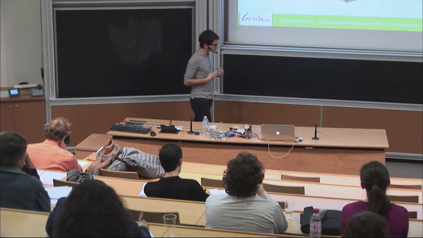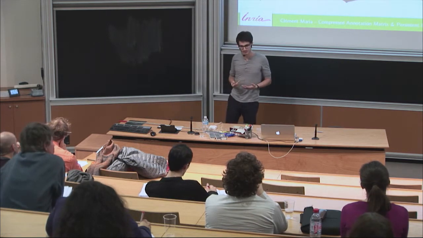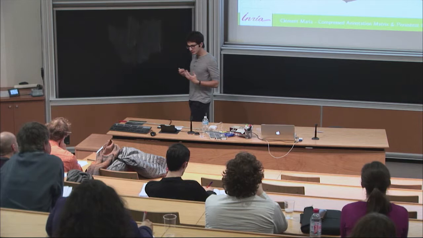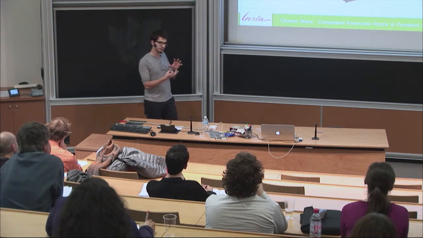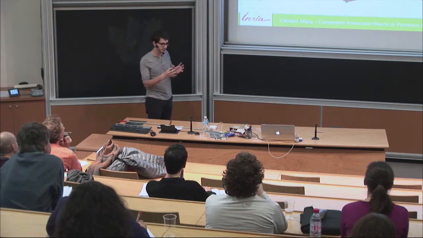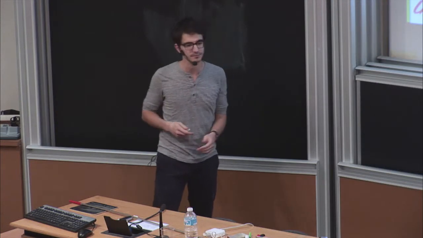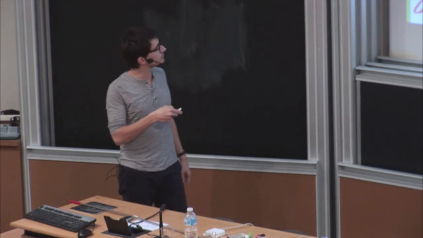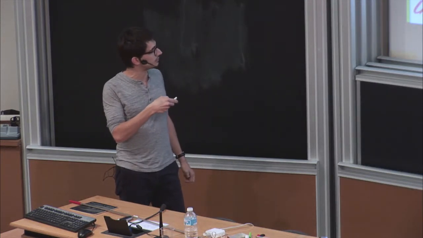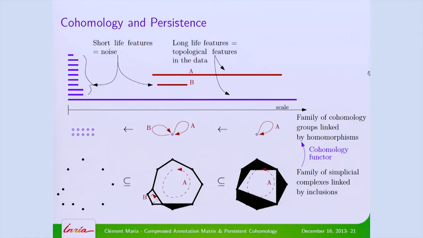So now, what is persistent cohomology? You don't compute homology in a single simplicial complex anymore, but you consider a family of growing simplicial complexes. So suppose at the beginning you start with a bunch of points. If you look from really close, you see all these points.